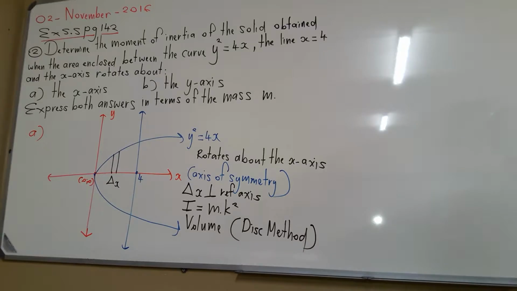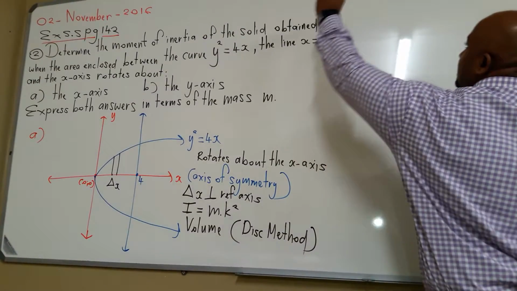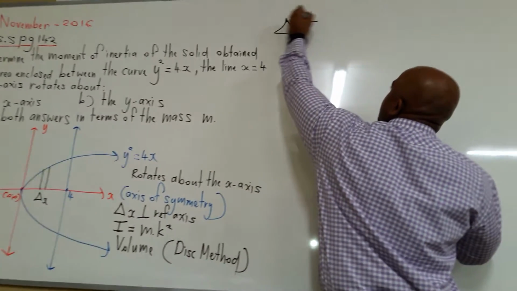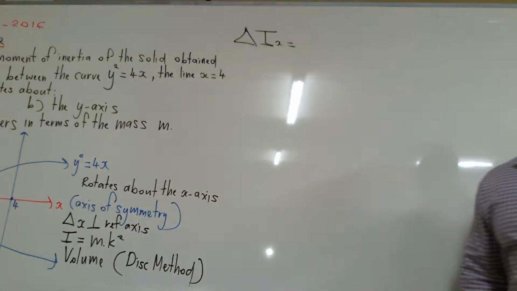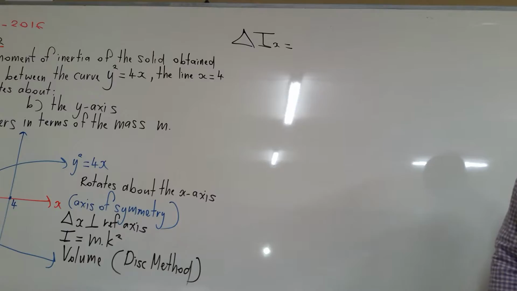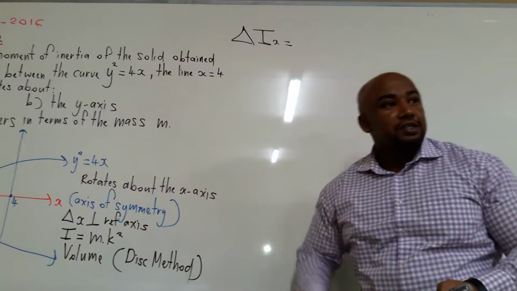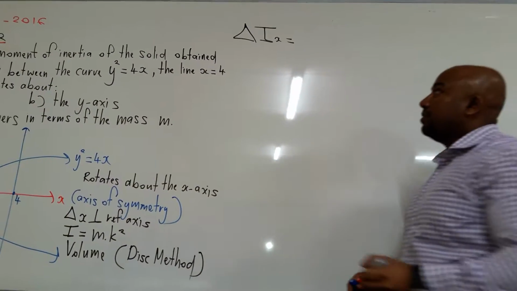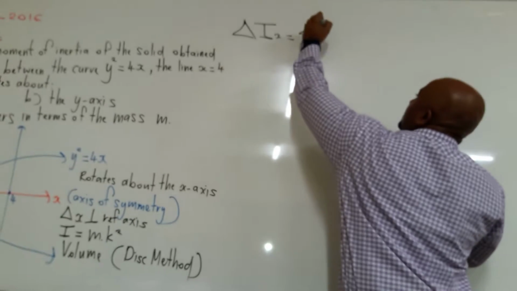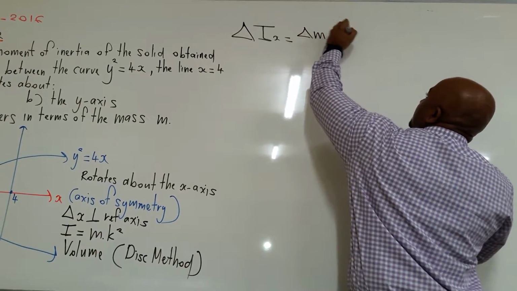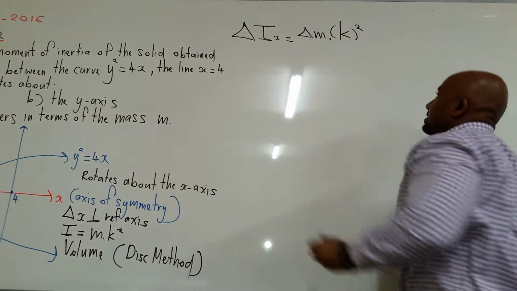Okay, so now delta I x, that's with reference to the x-axis. That's what the question stated. So your formula is mass, which is going to be delta m times k squared.